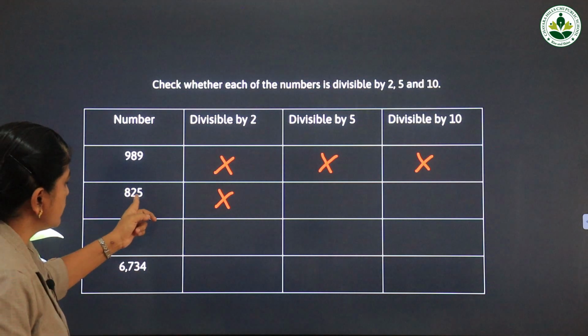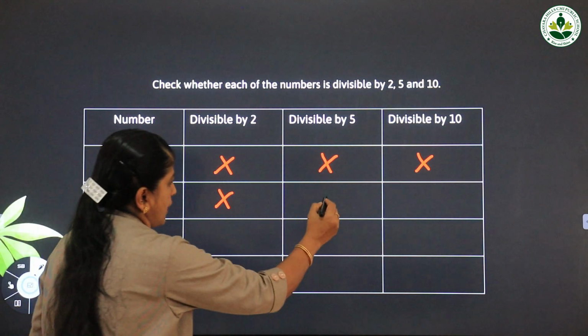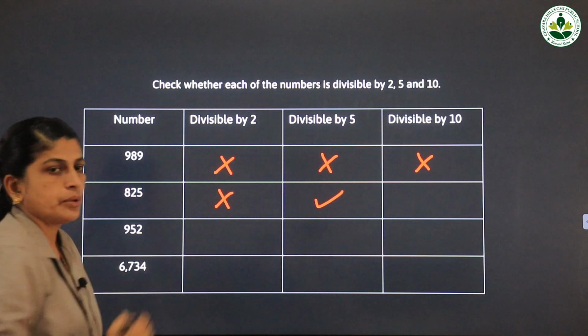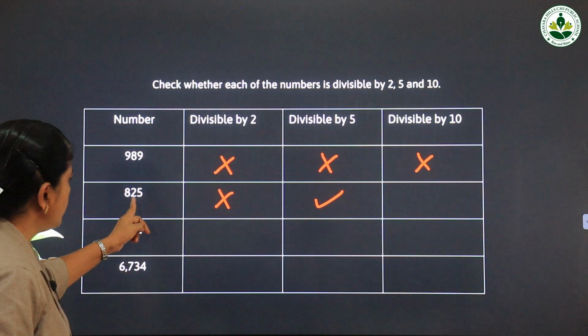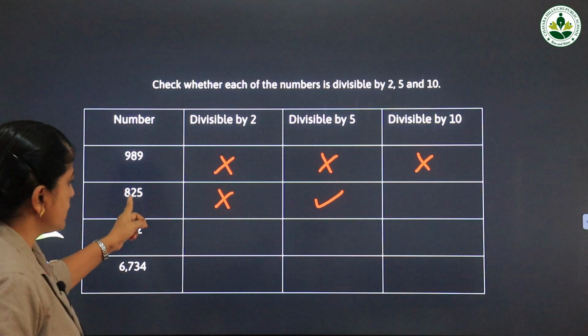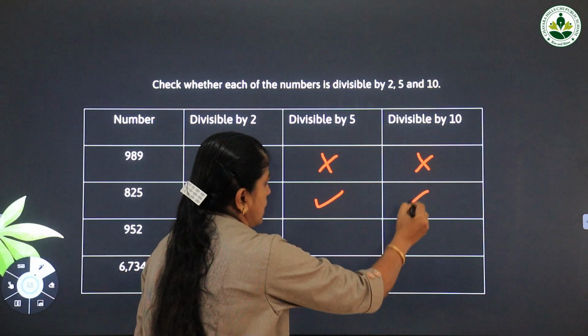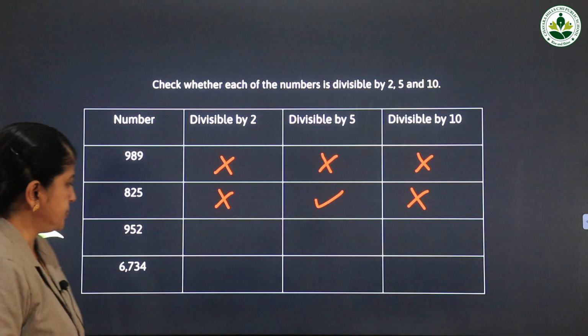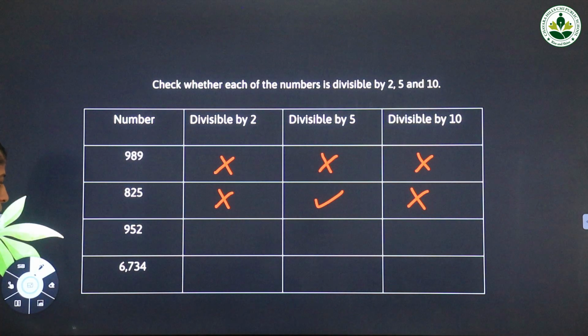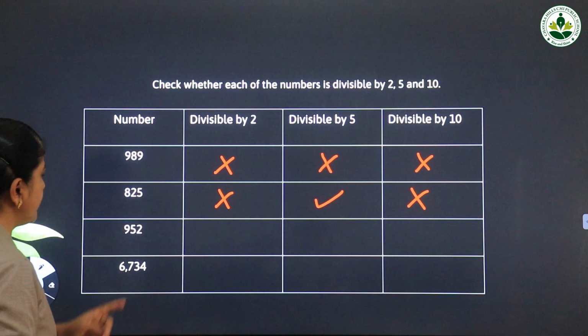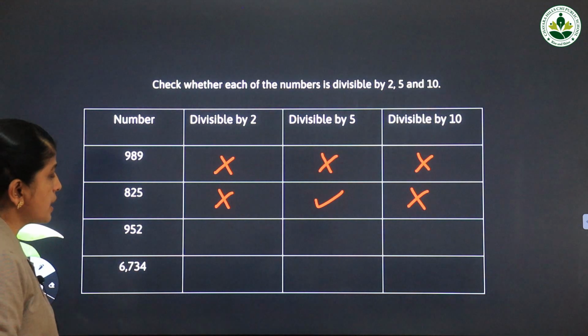Then, in 825, the ones place digit is 5. Therefore, it is divisible by 5. And the last digit is not 0. Therefore, it is not divisible by 10. Next, 952. Ones place digit is 2.